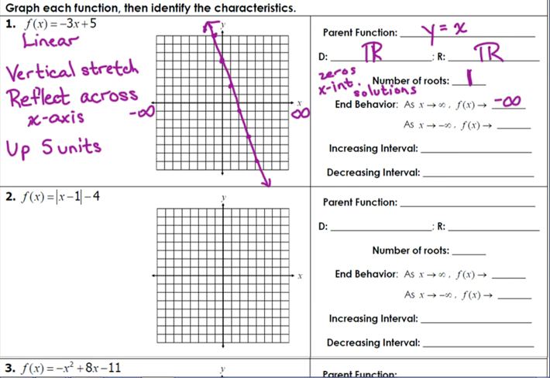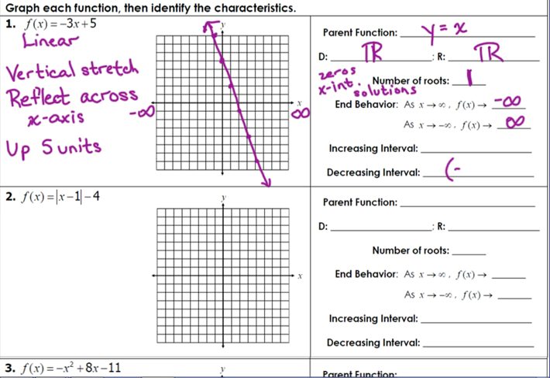How about on the other side, on the left side? The y values are going up to positive infinity. Okay, now, increasing and decreasing. What is this function doing as we move from left to right? Decreasing. Does that ever change? No, it's always decreasing.